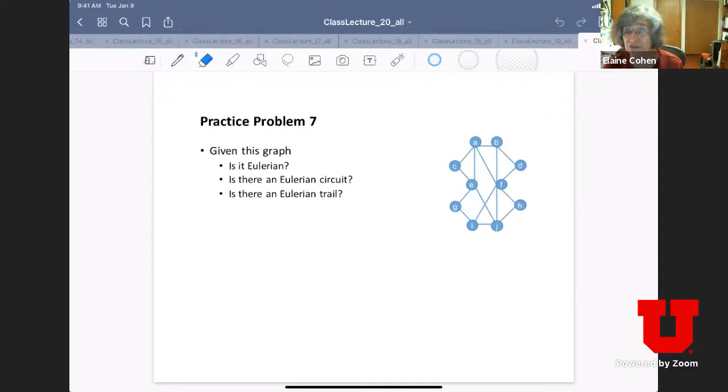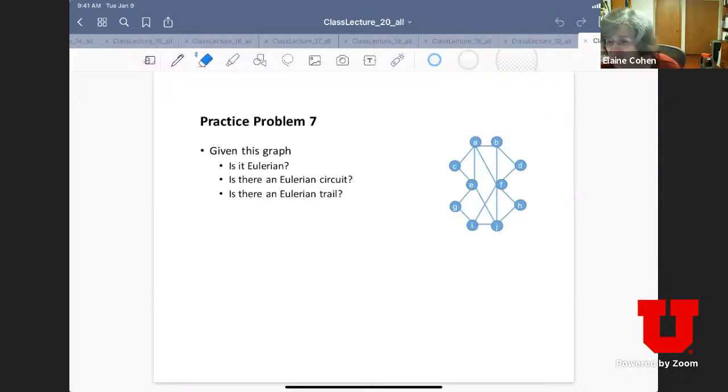Do all the other vertices? Now remember, we have to have at least 1 other vertex that has odd degree. Why? Well, that was our corollary 4. That said, the number of vertices or nodes with odd degree is an even number.